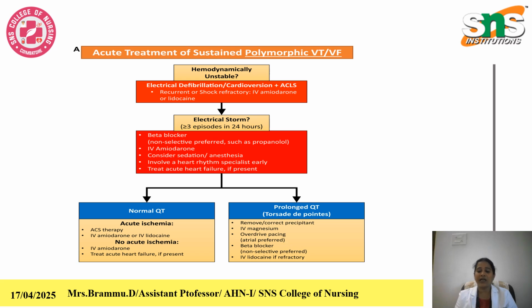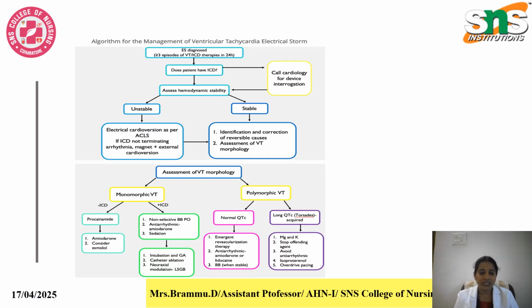So we can plan a choice of drugs, such as if it is a polymorphic VT, we are planning for either procainamide or amiodarone, or considering the beta blocker.